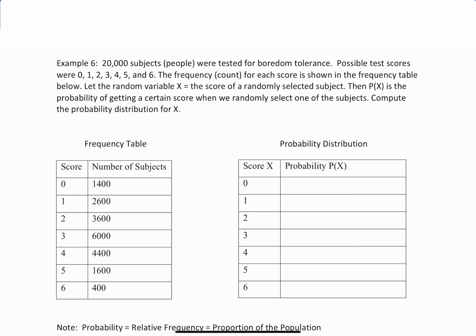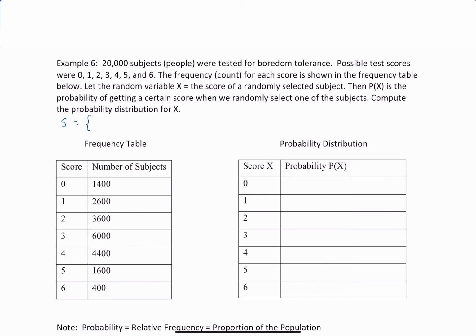Then, of course, P of X is the probability of getting that score when you randomly select one of the subjects. We're going to compute the probability distribution for this random variable X. Now, I think the best way to think about this is to think of the sample space of our experiment. And when I say experiment, what I'm talking about is the experiment of taking a person randomly out of the set of test subjects.